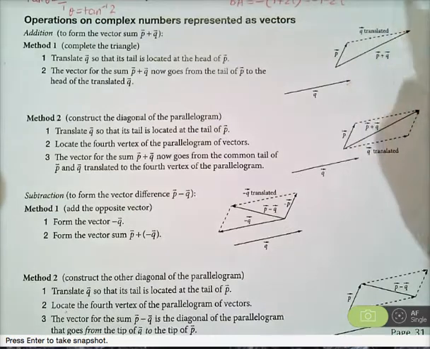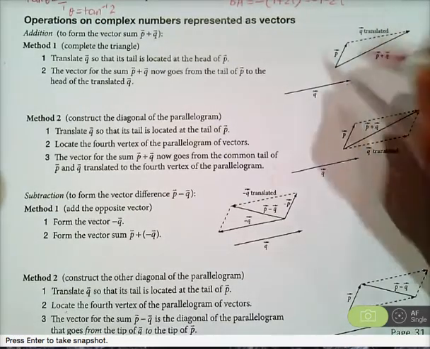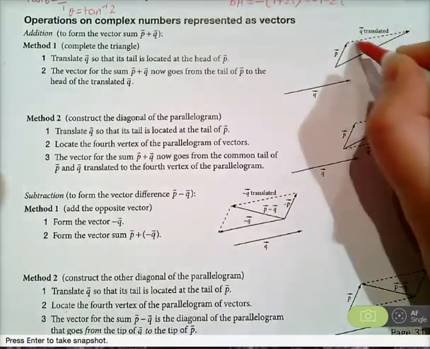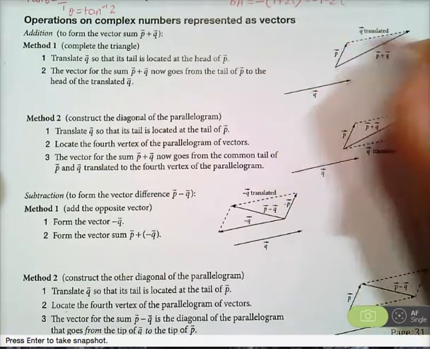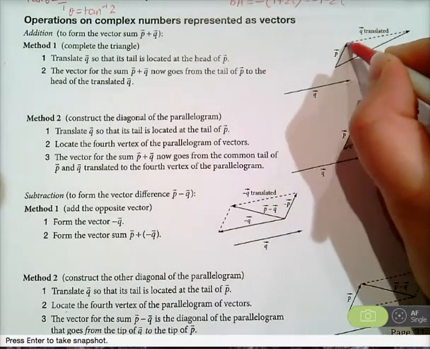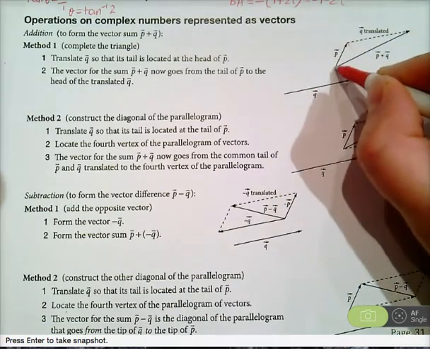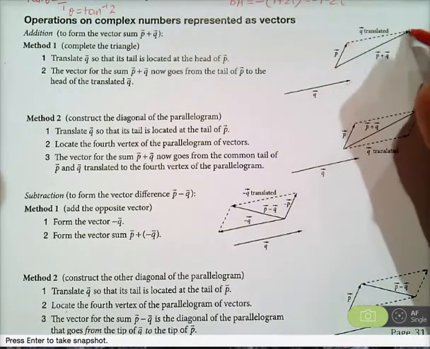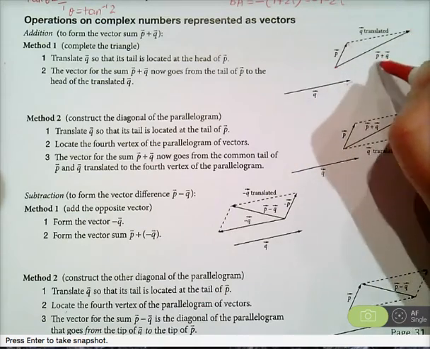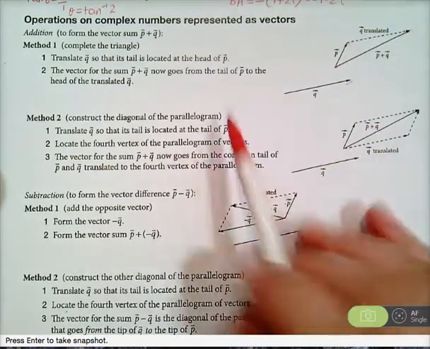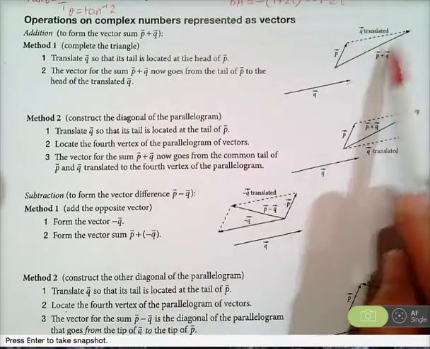We're doing this with the tail to tip method. So there's P. I'm going to move Q up there so that at the tip of P, I put the tail of Q. So there's Q translated up there. Because I've started here and finished there, my resultant vector, this one here, is P plus Q, okay?